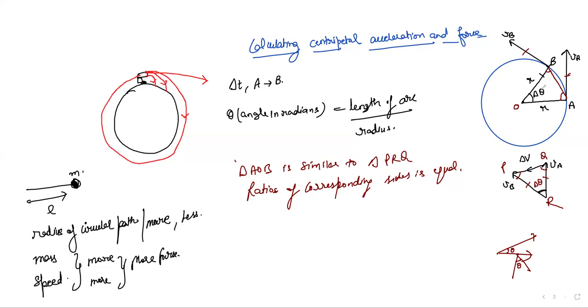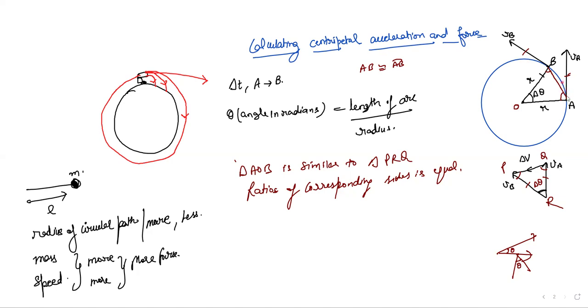Now, theta is equal. If I consider this arc length AB and this straight side AB, can we consider them nearly the same? Side AB is nearly equal to the arc AB, because the arc is very small.